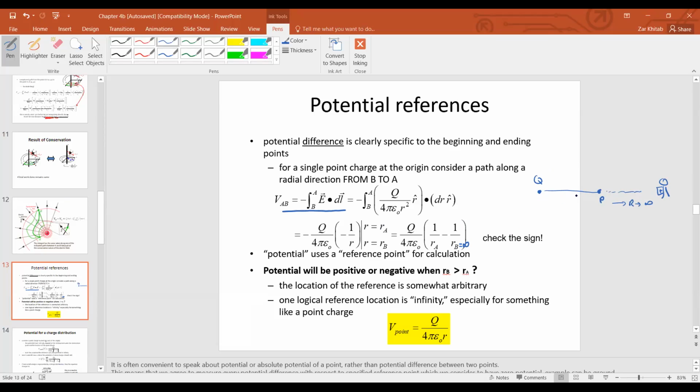So then rb tends to infinity, so then you put infinity here in this equation, and you go through this little mathematics.